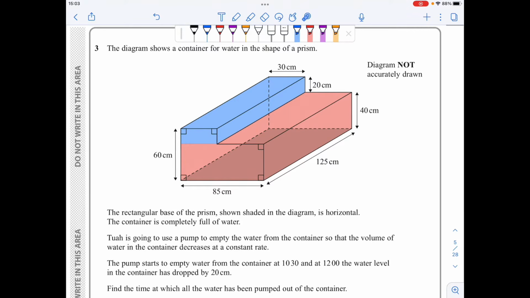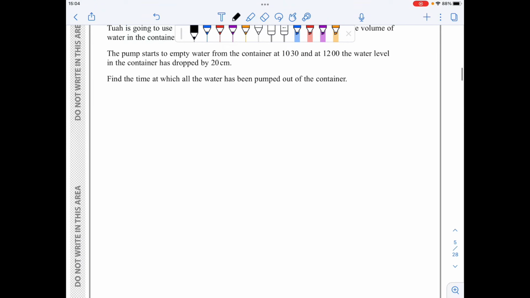The blue shape is a cuboid with dimensions 125, 30, and 20, while the red is also a cuboid with dimensions 85, 125, and 40. So I can work out the volume of the water removed and the volume of the water remaining as follows.